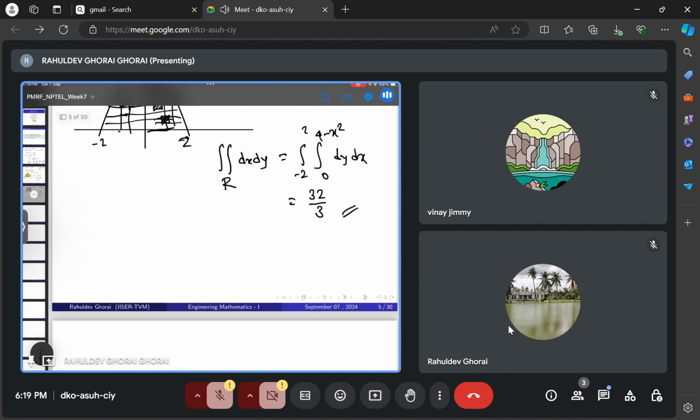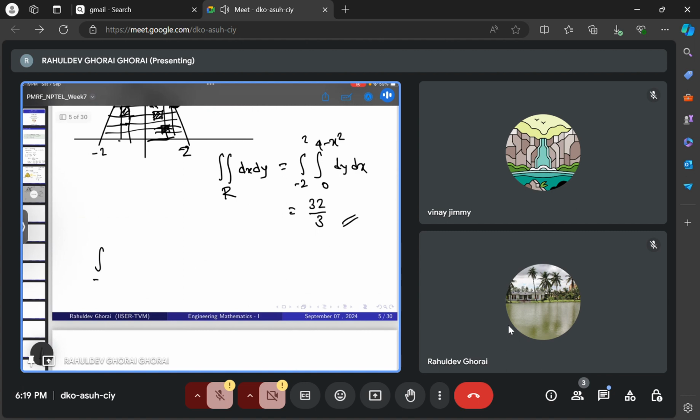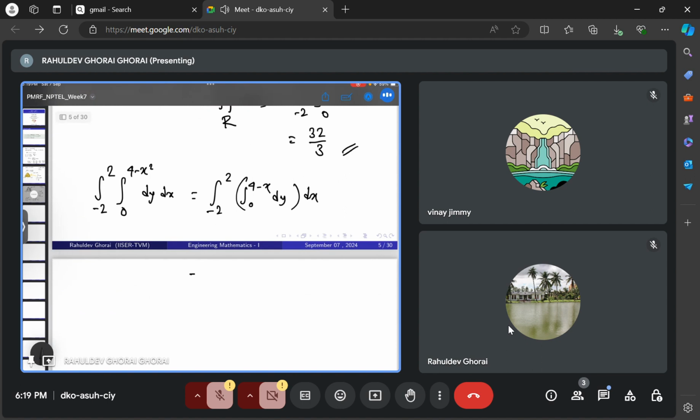But here you see, if you have minus 2 to 2 and 0 to 4 minus x square of dy dx, how can you evaluate it? This will be the integral from minus 2 to 2, and the inner integral from 0 to 4 minus x square. What is the integration of dy?